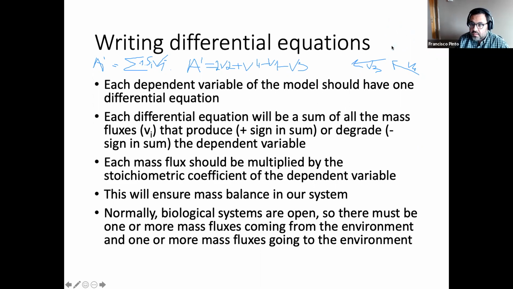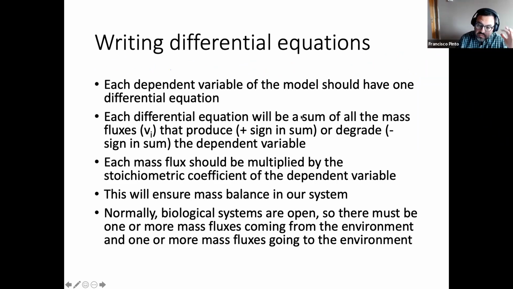But you cannot forget the stoichiometric coefficients, and the sign is either plus or minus because it is either producing or degrading A. You do that for all the dependent variables.